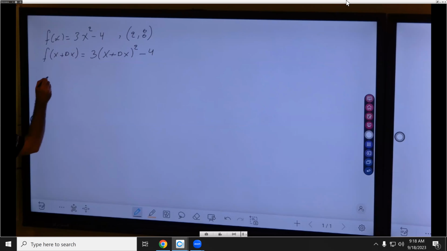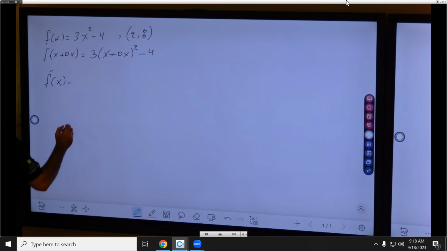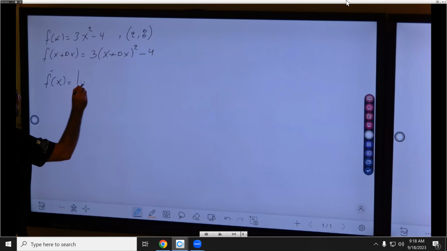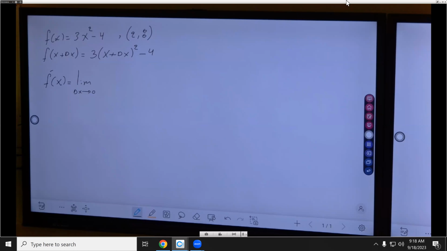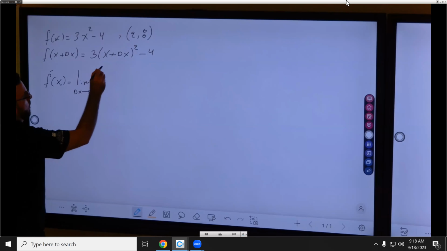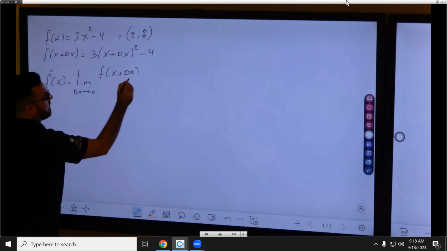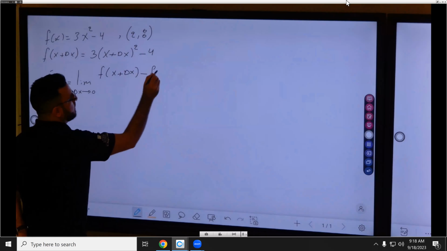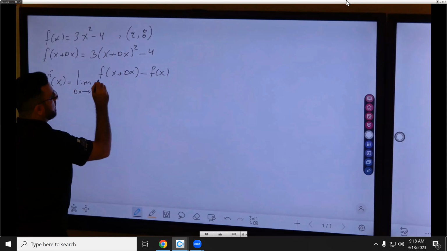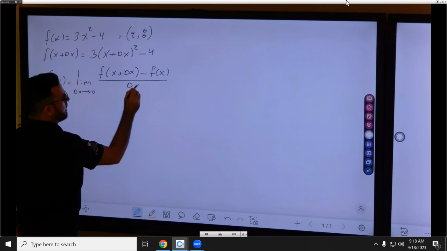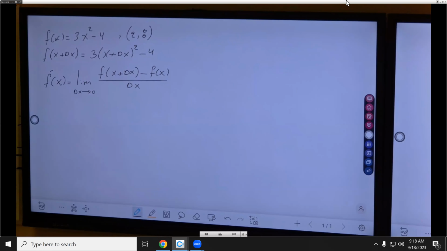It says the derivative, which is the slope for x, is the limit when delta x approaches 0 of f of x plus delta x minus f of x, divided by delta x. So this is the rule. That's how we're going to find the slope.